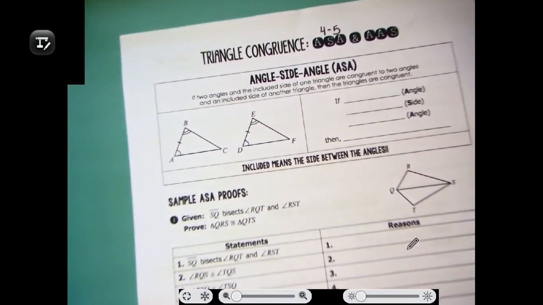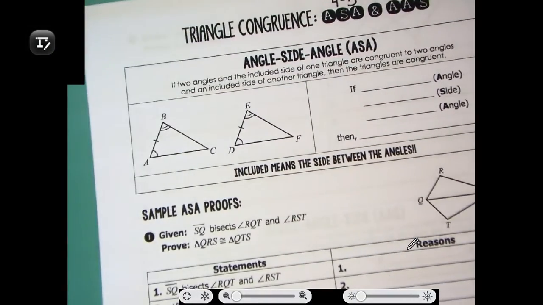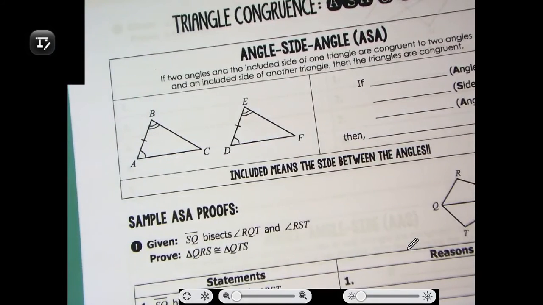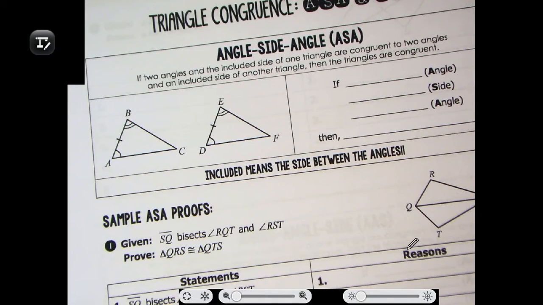So much like the other ones, we're going to say if two angles and the included side of one triangle are congruent to two angles and an included side of another triangle, then the triangles are congruent.